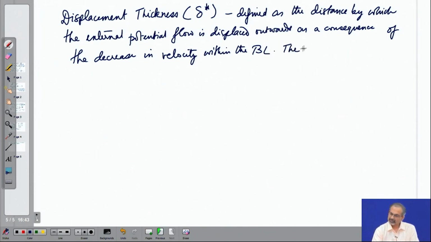The streamlines are deflected because of this effect.